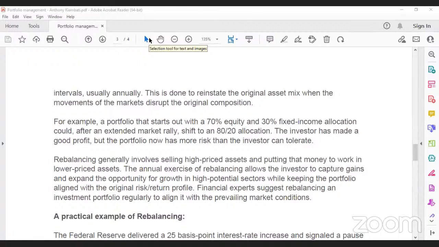Right now, Meta has gained over 100%, and Nvidia has gained over 80% year to date. So to rebalance your portfolio, you'd say, I've gotten a return of over 100% with Meta, that's Facebook, and over, let's say, 80% with Nvidia.